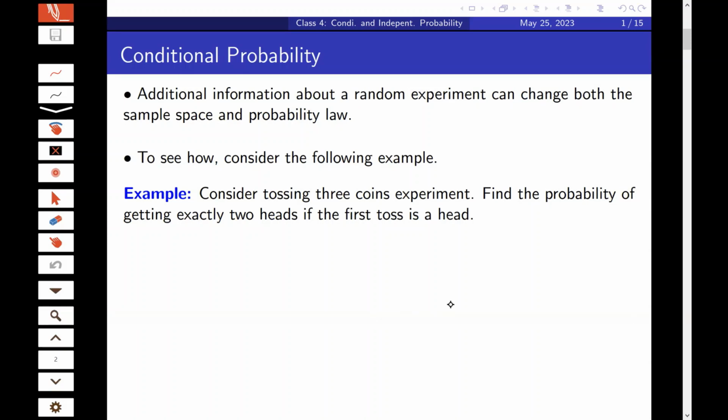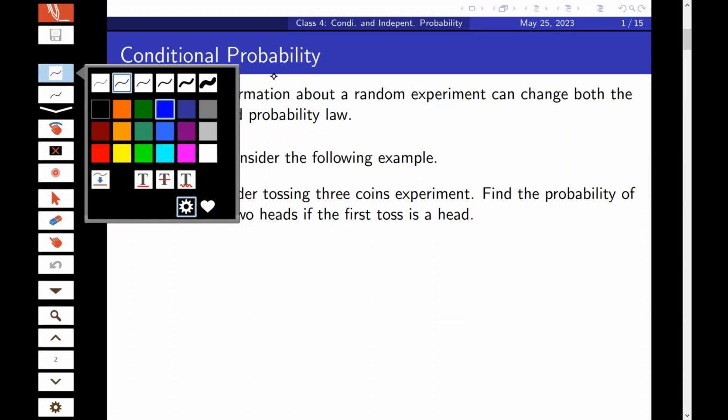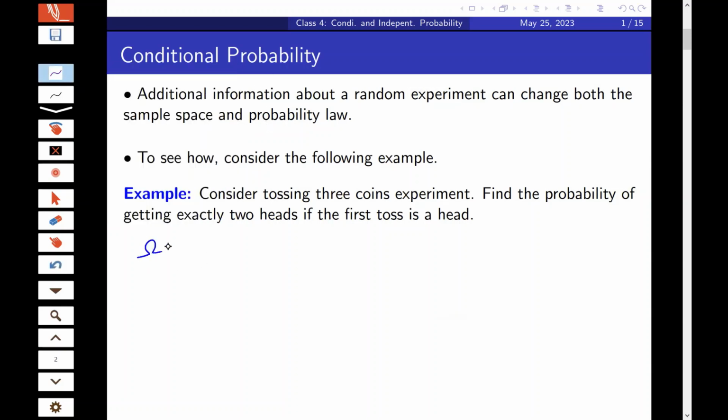Suppose we are tossing a coin 3 times. Find the probability of getting exactly 2 heads if the first toss is a head. So we want to find the probability of getting exactly 2 heads if the first toss is head. Let's write down the sample space first. Tossing 3 coins at once, we have written this a few times and we write it again.